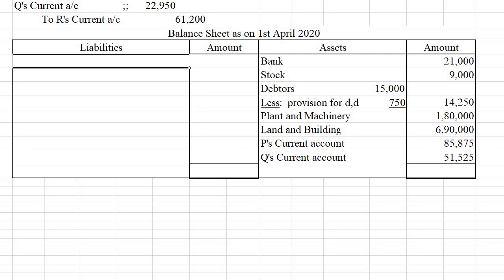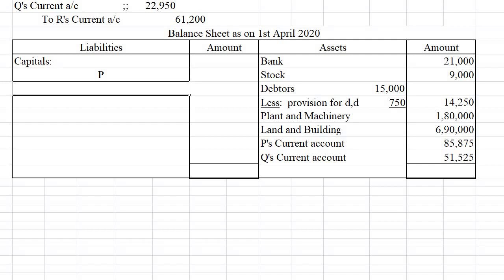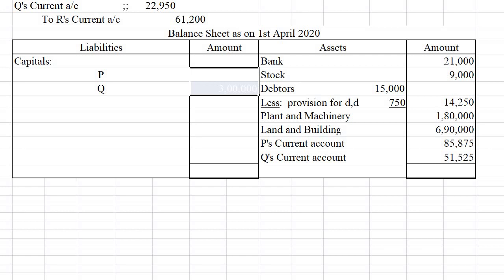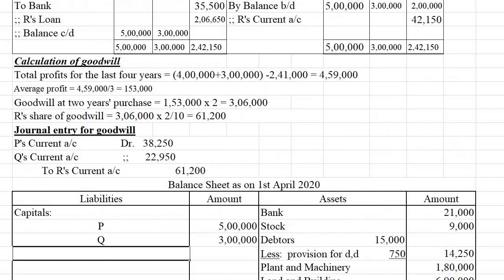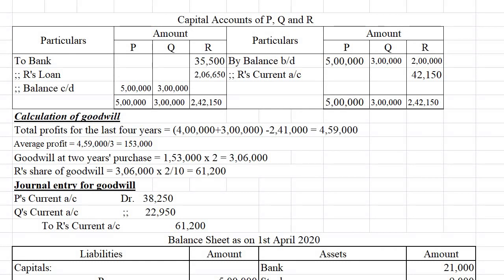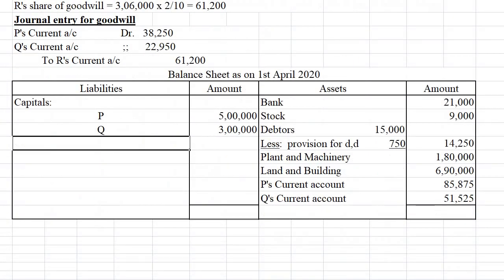Okay, so all the assets are written. Now let us see the liability side. Capitals for P and Q, we have to write. Their capitals are fixed, so 5 lakh and 3 lakh is the balance that is to be written. Then R's loan. Now we have to pay R his capital account balance after paying cash 35,500, remaining 2,06,650 we have to pay. So that loan we are writing here. Then comes creditors.